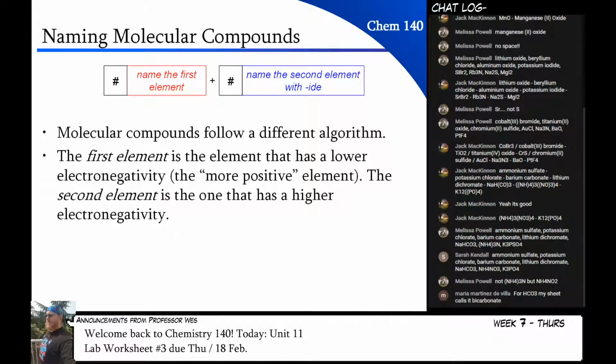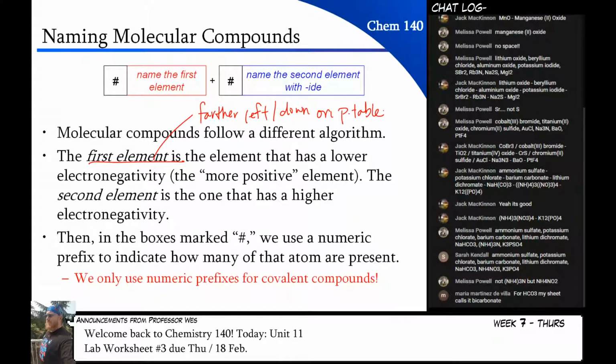And generally speaking, what this means is that the element that's further to the left or further down on the periodic table is going to be the element that comes first. The second element is going to be the one that's further up or right on the periodic table.